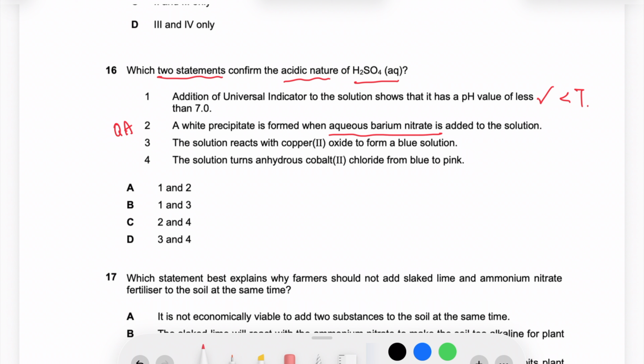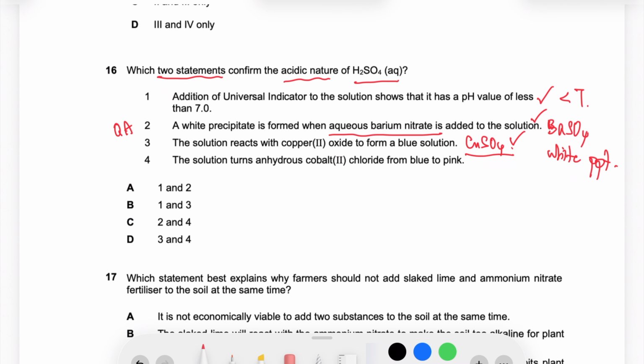When you add barium nitrate to sulfuric acid, you form barium sulfate, which is your white precipitate. So it's true as well. Statement 3, the solution reacts with copper(II) oxide to form a blue solution. Yes, because you will form copper sulfate, which is a blue solution. So it's true.